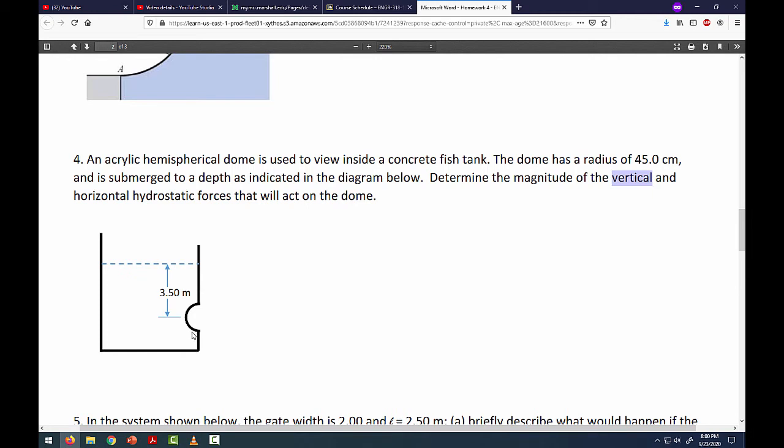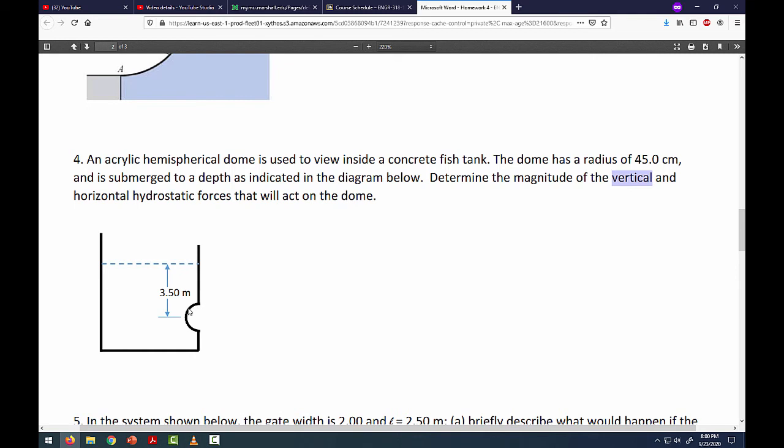And so for us to know the difference between those two forces and find the net hydrostatic force acting upward on the dome, we would have to integrate that varying pressure over a curved surface that has a pretty unusual shape. Much easier than that, the vertical force is equal to the buoyant force.